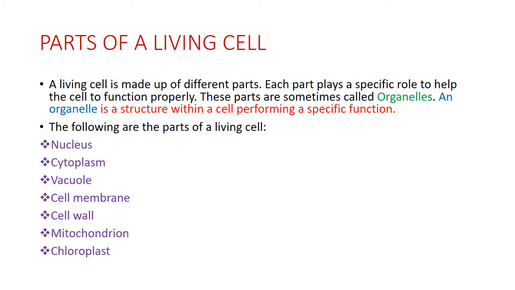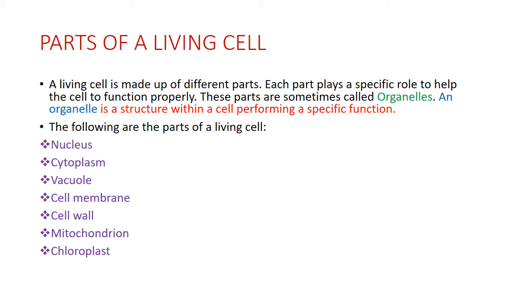All these parts of a living cell were learned through studies by various scientists over the years. They came to realize that a cell is made up of different parts, and each part plays a specific role or function. We call this individual part or component an organelle. So an organelle is a structure within a cell, and it performs a specific function.